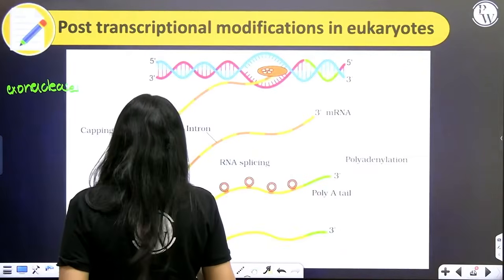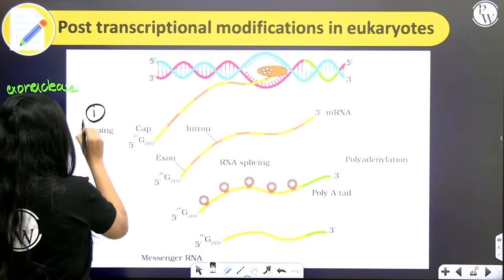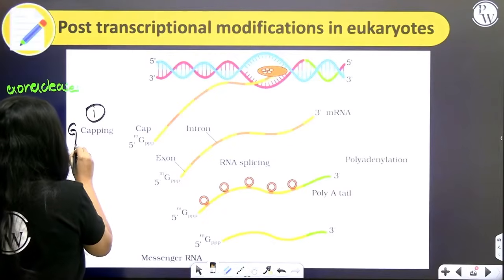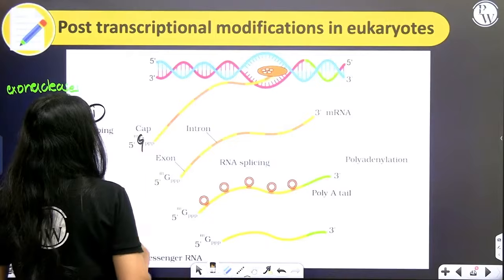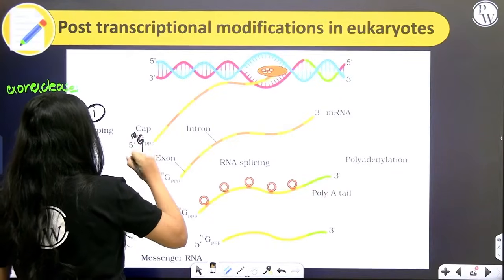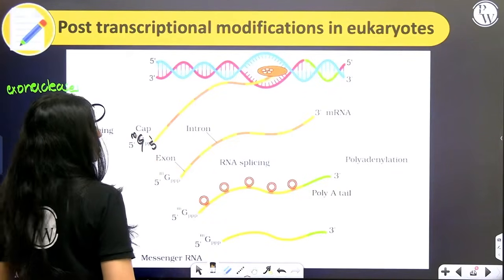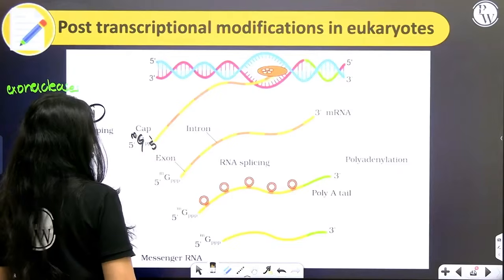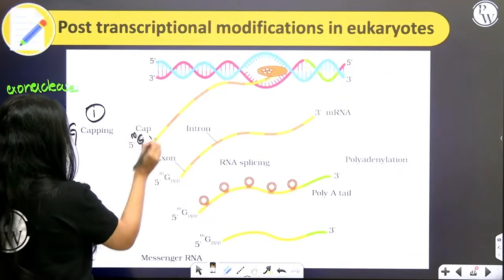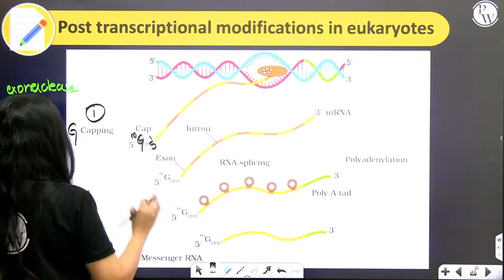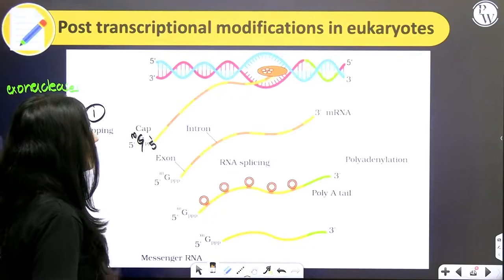Firstly, capping will occur. It's called G capping, where a modified G, methyl guanosine, is added to the 5' end of the newly synthesized hnRNA. That process is called capping. This protects this end from the activity of exonucleases.